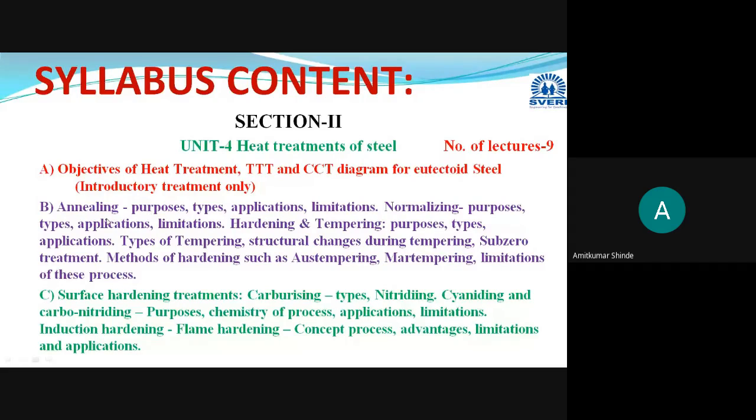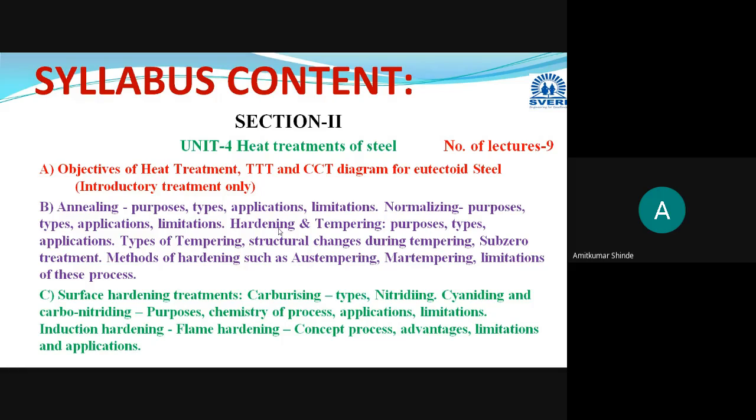Then we are going to discuss the different processes, how these heat treatment processes are conducted. For that, we are going to deal with the annealing process, then normalizing, hardening, and tempering. There are different subtypes that we are going to discuss in detail.